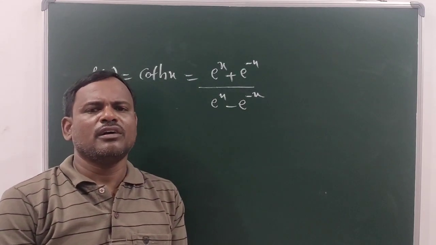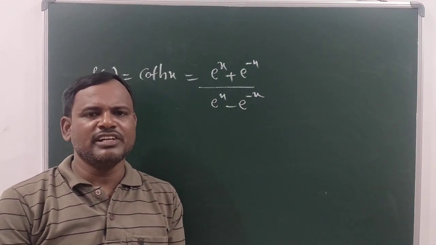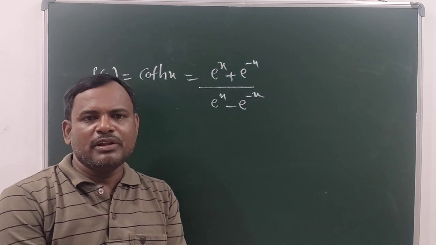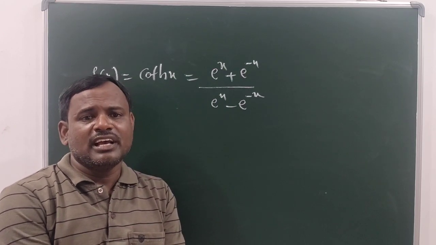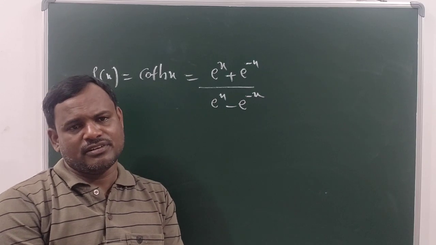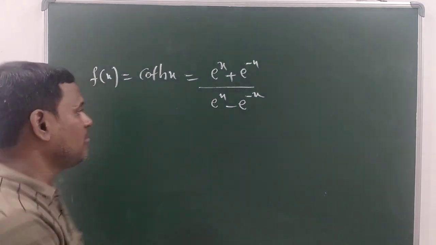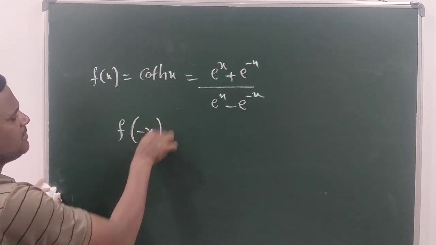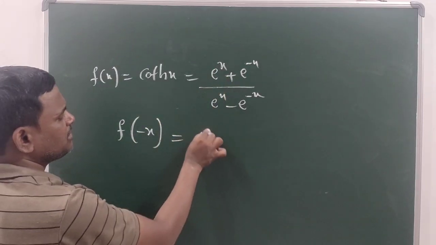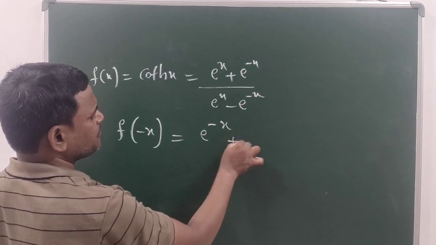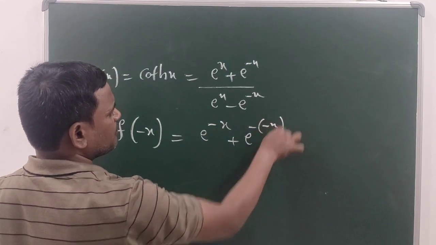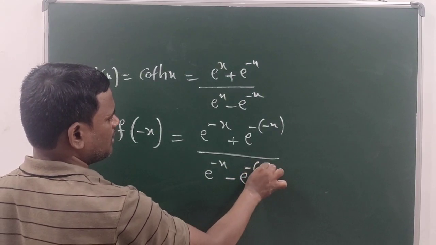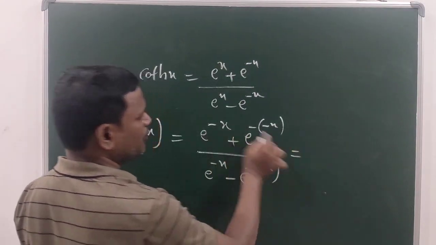Before I explain the differentiation and integration, let me explain whether it is an even function or an odd function. To check that, we have to replace x by -x. Now replace x by -x. Now go for simplification.